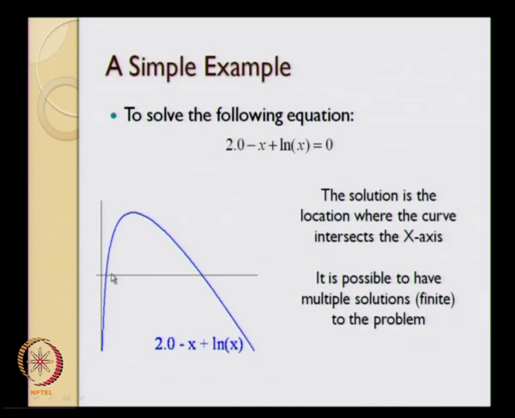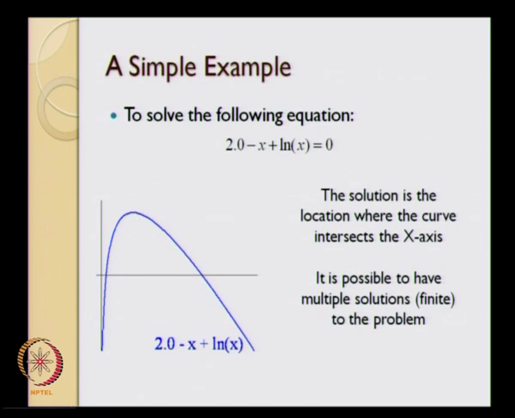Unlike the linear case that we saw in module 3, it is possible to have more than one solution, but a finite number of solutions to the equation. For example, in linear algebra, when we looked at systems, what we found is that when the matrix A was non-singular, that means the rank of matrix A was equal to n, we could get exactly one unique solution.